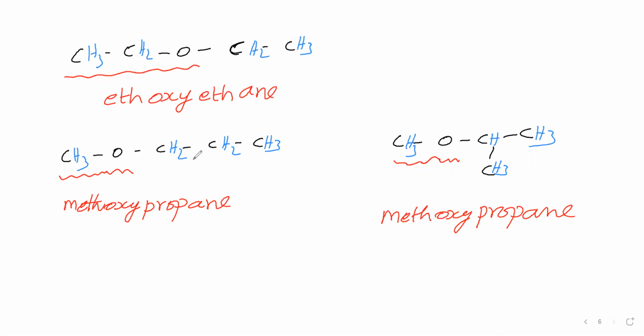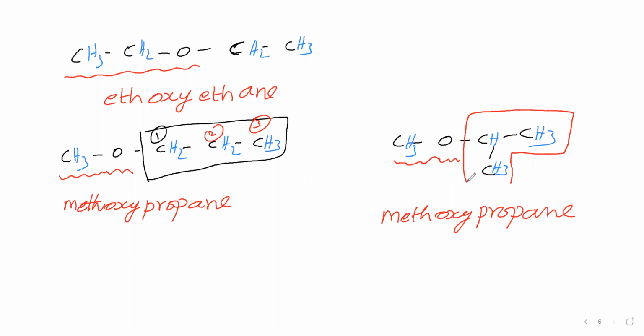Here for this propane, let us give numbering. For this propane, you have to give numbering such that this branch should get least position. So let us give number 1 here, number 2 here, number 3 here. Now here it is the parent chain.